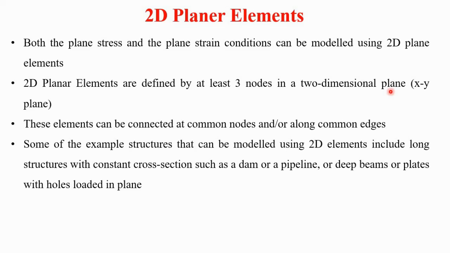Then, these 2D planar elements are defined by at least three nodes in a two-dimensional plane, that is the x and y plane. At least three nodes are required to define these 2D elements.